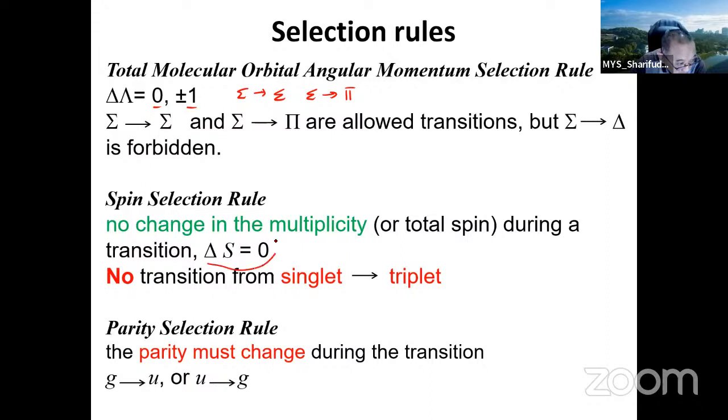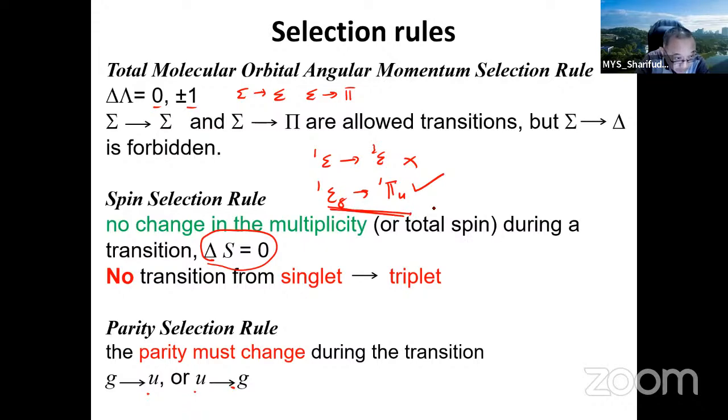Spin, it has to be delta S equal to 0. So that means triplet to singlet, 3 sigma to 1 sigma, is not allowed. But 1 sigma G to, say, 1 pi U, this is allowed, because G must go to U, U must go to G. So this transition is allowed.